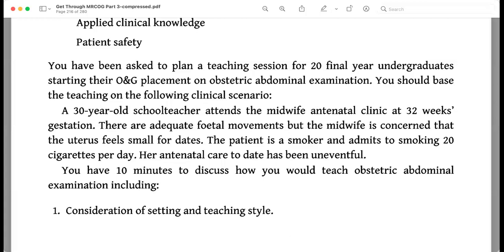What component of the obstetric abdominal examination will you teach? For the abdominal examination, I'll guide my colleague or my nurse to get a puppet so that I can demonstrate how to do an abdominal examination. First, when we measure the symphysiofundal height, we will use the measuring tape.